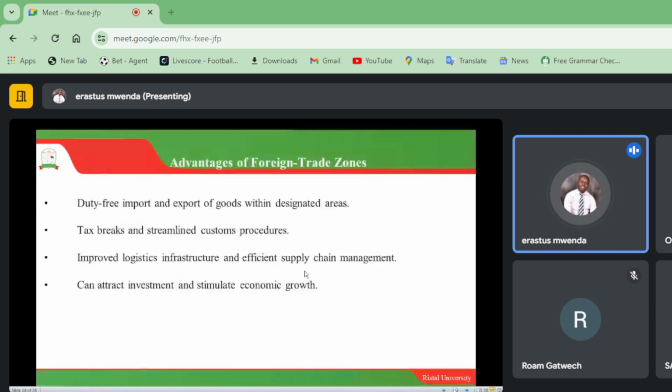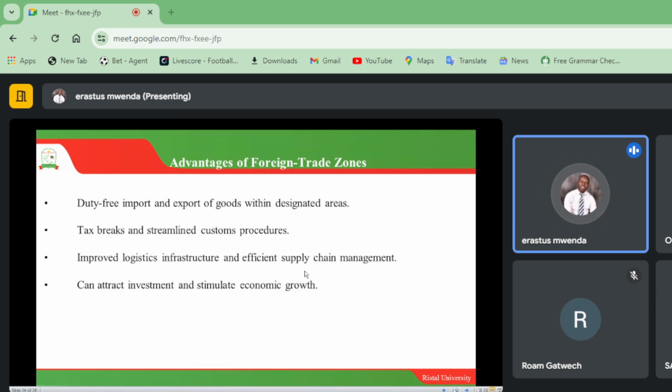Now we have something we call foreign trade zones. What are the advantages of foreign trade zones? Number one, duty-free import and export goods within designated areas. We said in economics we have something we call economic integration, where companies or countries come together to form trading blocks.